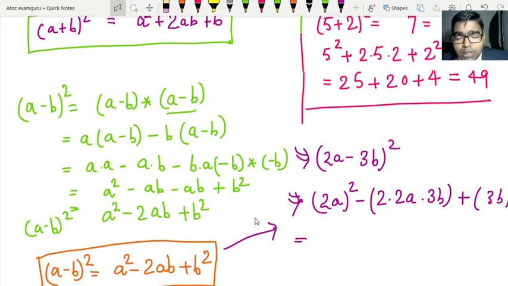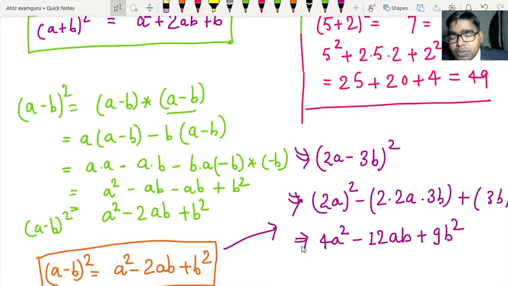So you can simply write it as 4a square minus 2 into 2 into 3 is 12, so it is 12ab plus 9b square, right friends? So you get 4a square minus 12ab plus 9b square.